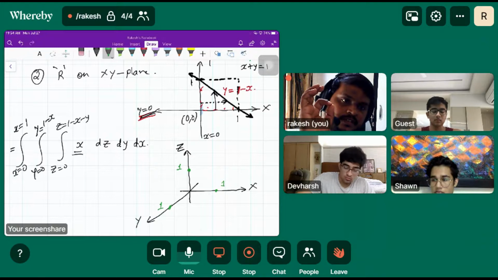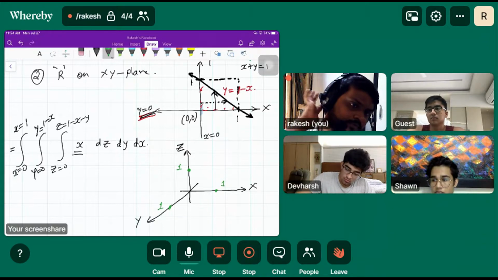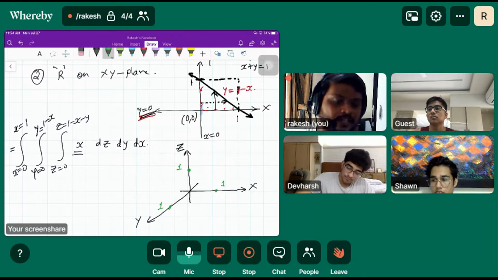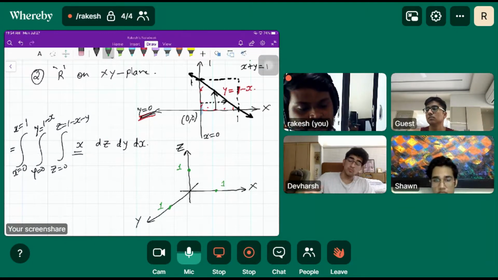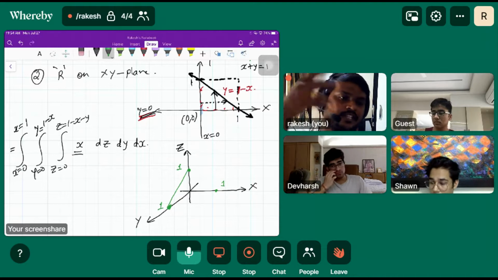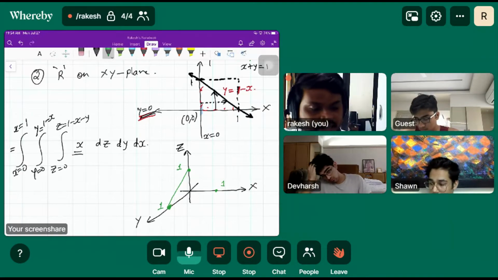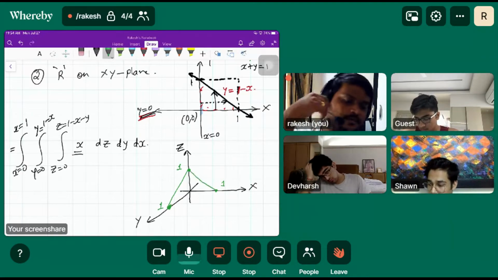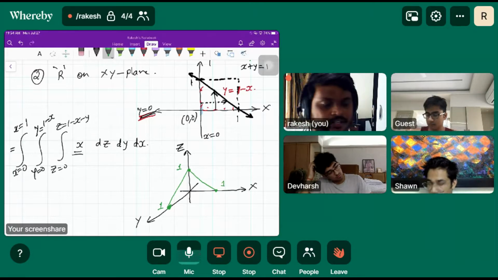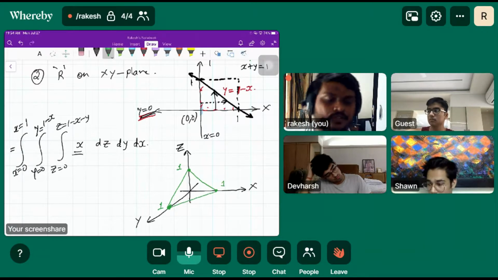If you put x is equal to 0, that will give you y plus z is equal to 1, which is this line. If you put y is equal to 0, that will give you x plus z is equal to 1, which is this line. If you put z is equal to 0, that will give you x plus y is equal to 1, that is this line. So that will give you a plane. Are you getting that?